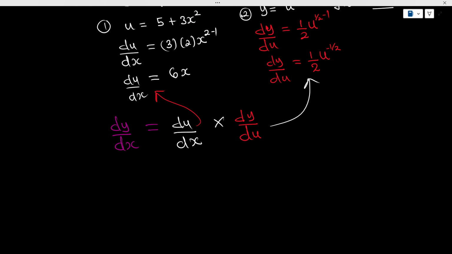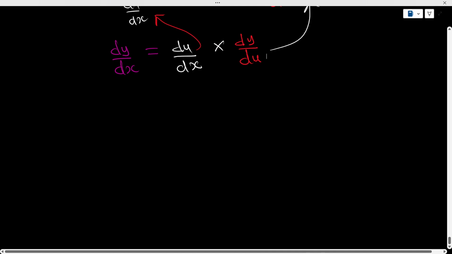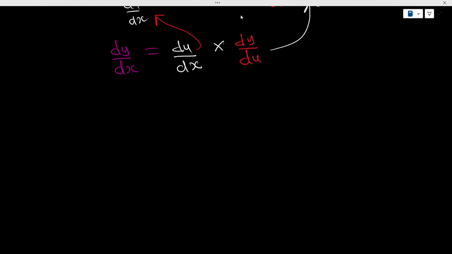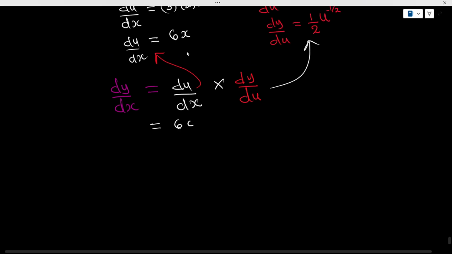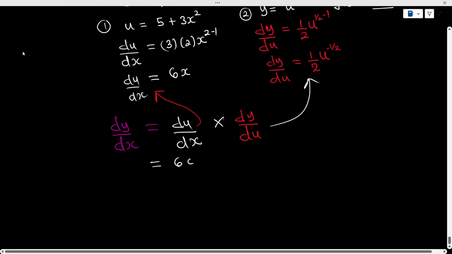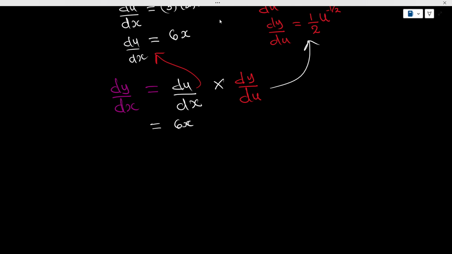So plugging in the numbers should give us the following. du/dx is 6x, so 6x times 1/2 u power negative 1/2.